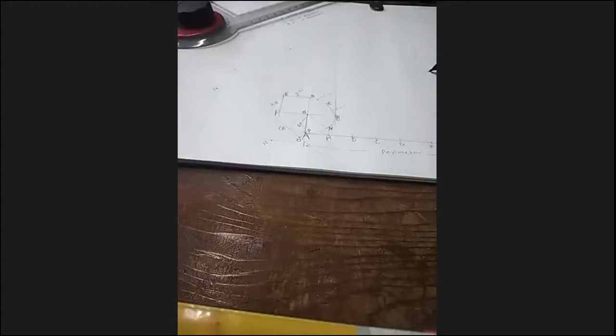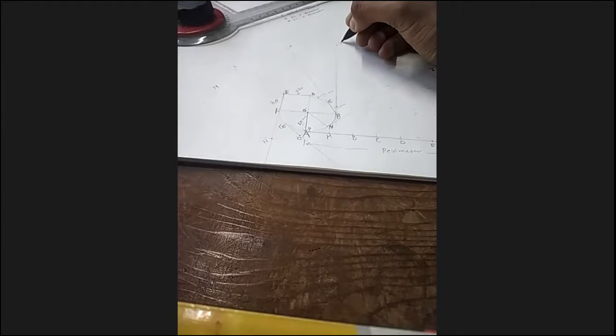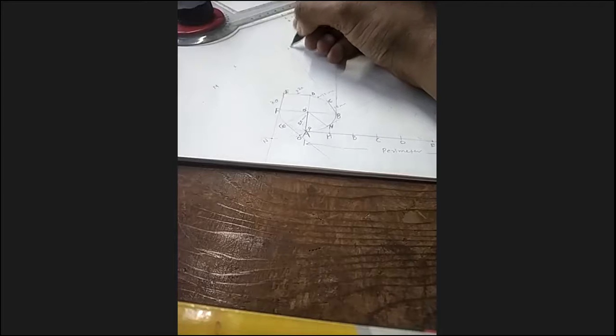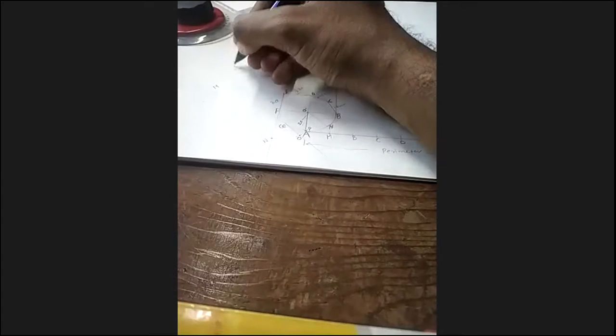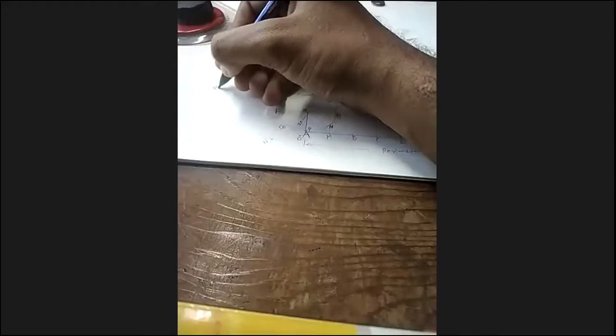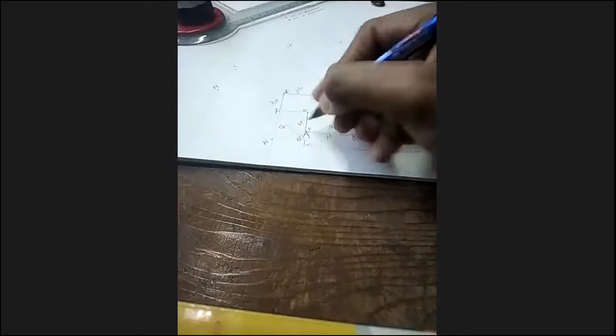This is the first point, P. Then our next point is I, then J, K, L, M, N, O, and again P. Everyone got these points? Answer me. Yes, sir.